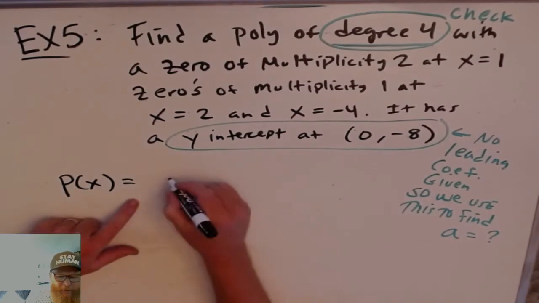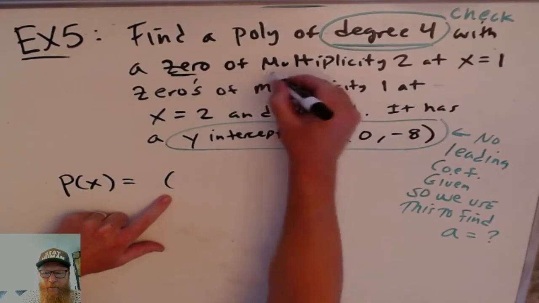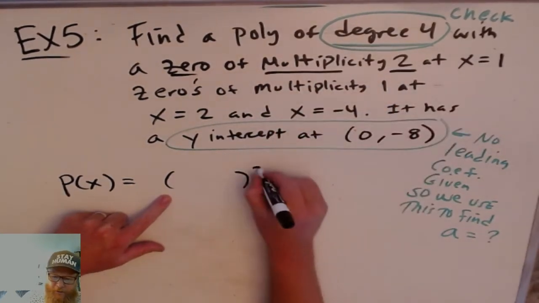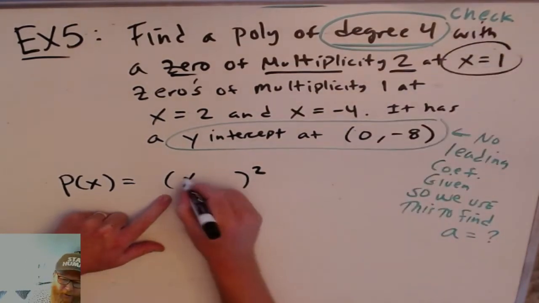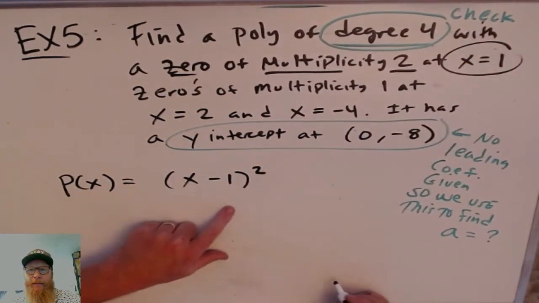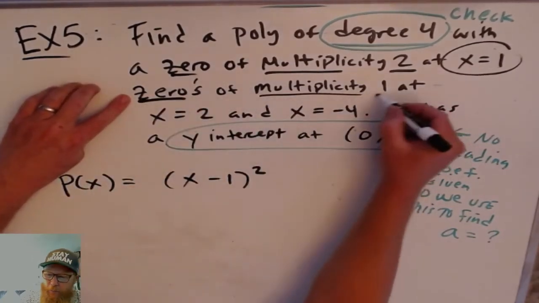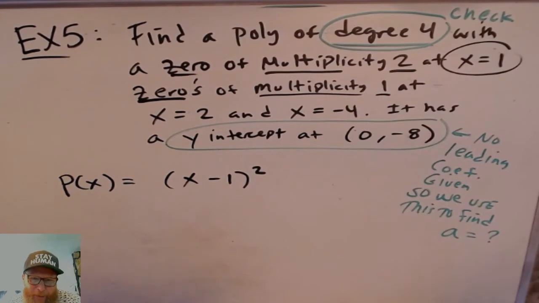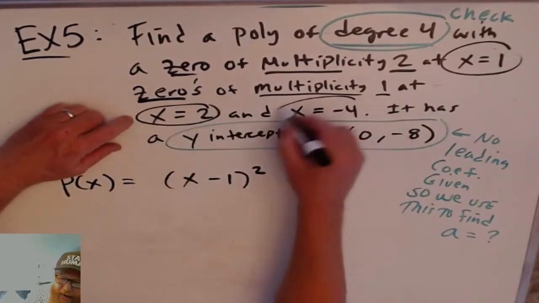All right. So we've got, what do we got? 0 of multiplicity 2. Multiplicity 2 at 1. So that's x minus 1 squared. Okay, and then zeros of multiplicity 1, which really means you don't have to worry about the power, at 2 and negative 4.